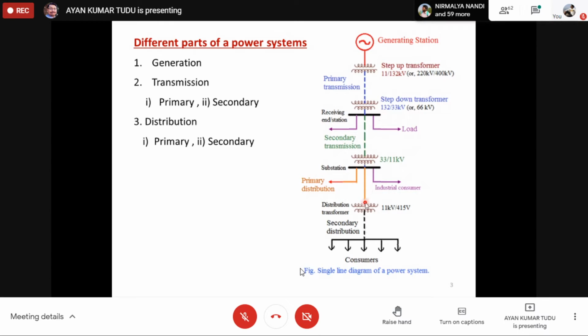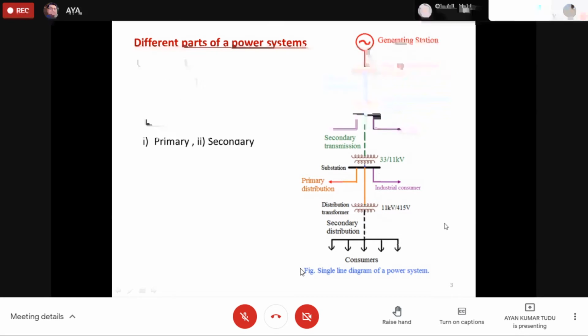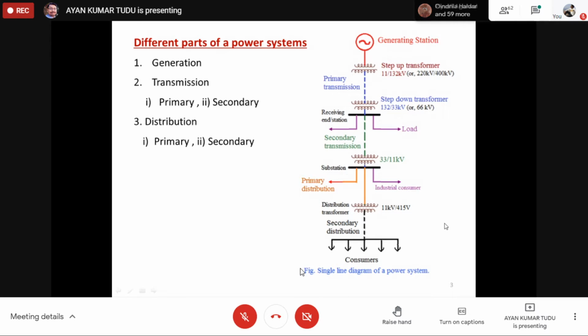So in the primary distribution line, we will be getting our distribution transformer. A simple distribution transformer is basically, as you can see, at the crossings of the road, there is a transformer on the poles. Those are again types of substations.